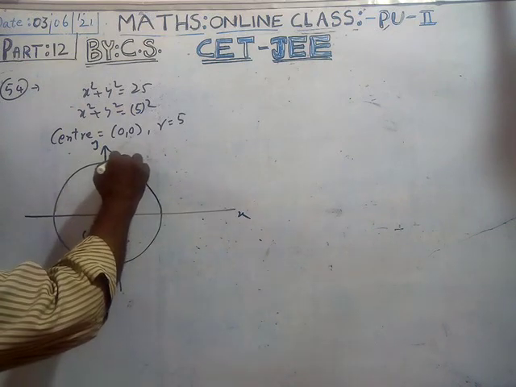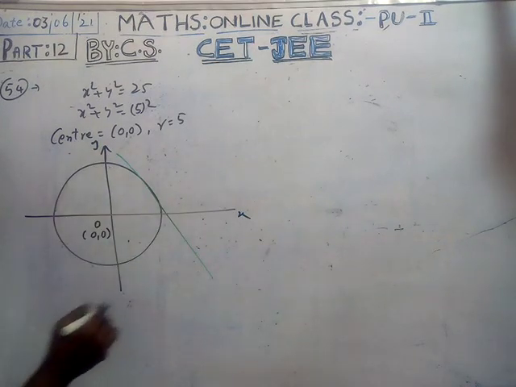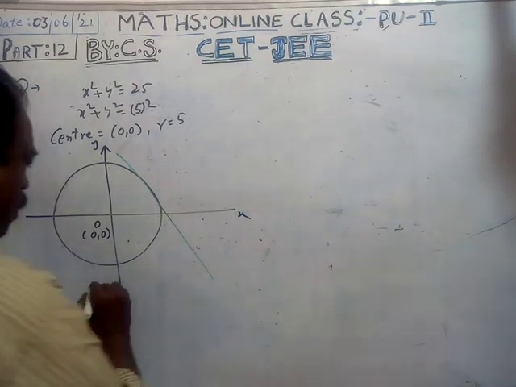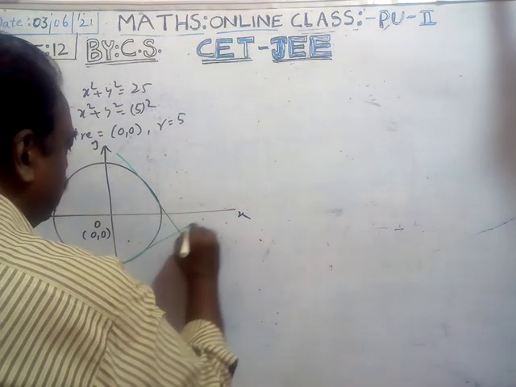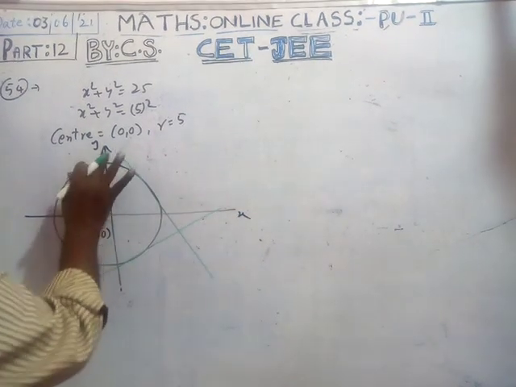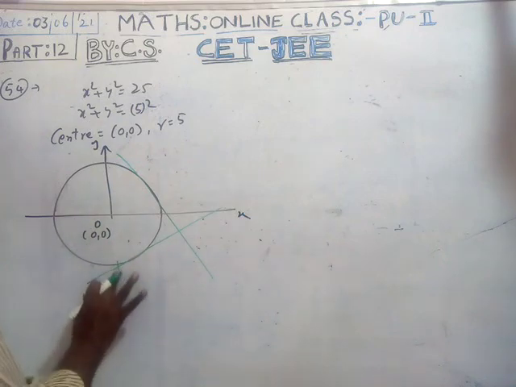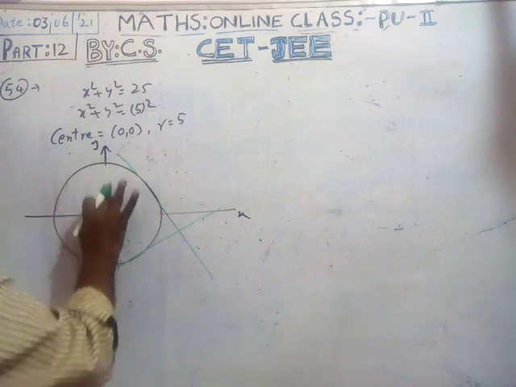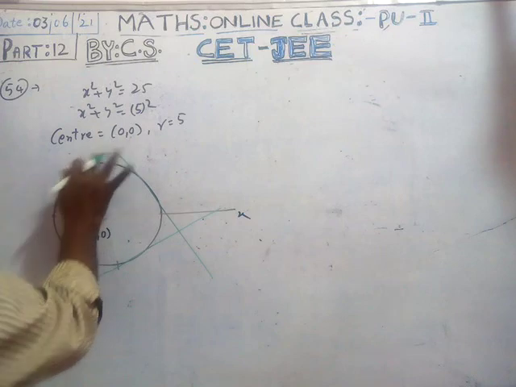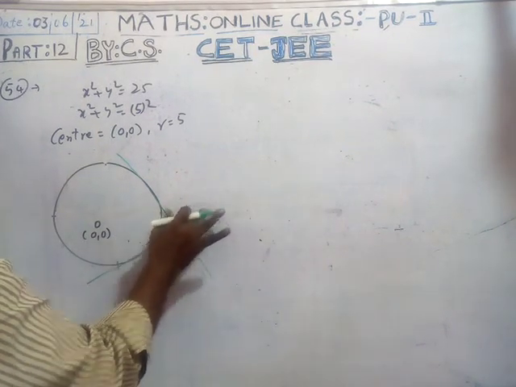Suppose a tangent is like this, another tangent is like this. Okay? To make you understand it well, I drew that one, but the x-axis and y-axis are not needed here. Only the tangents are needed.